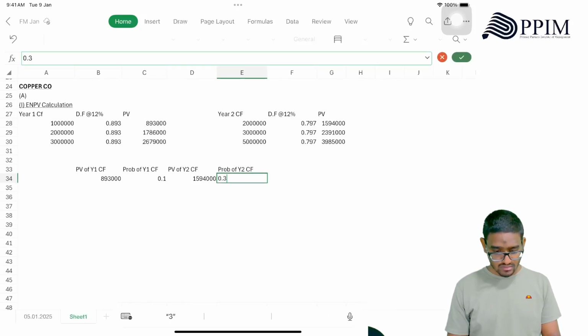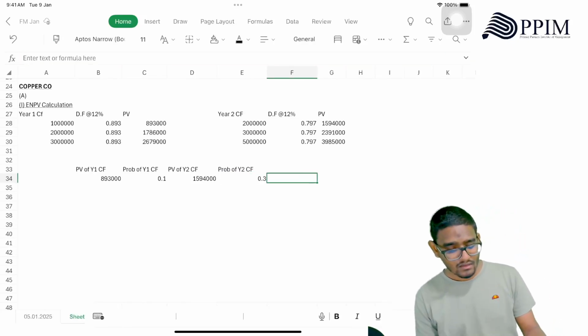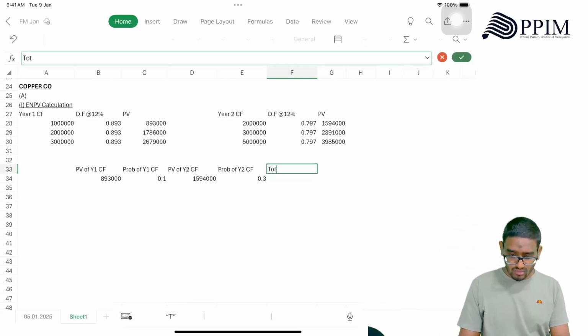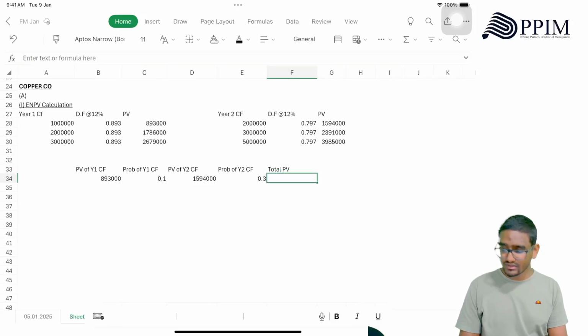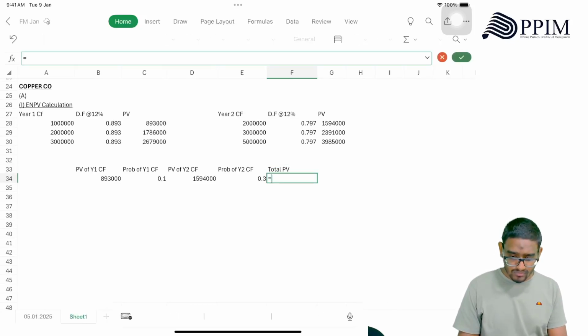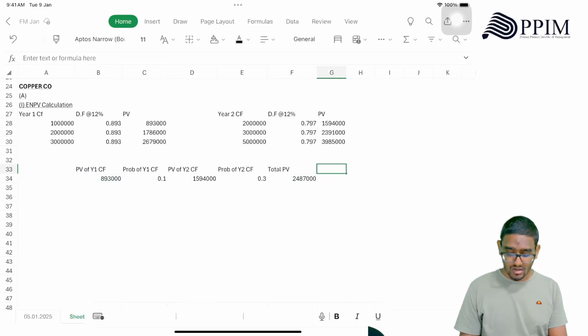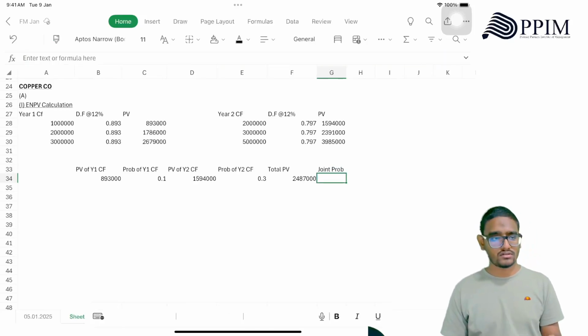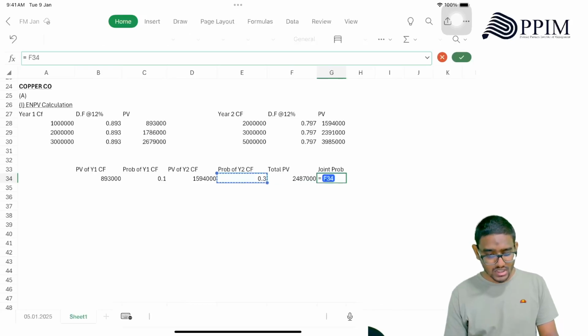Now look at the total present value of these two together, which is the addition of these two. Then you take your joint probability. They want you to show a joint probability on the table. It's a specific requirement of this question.